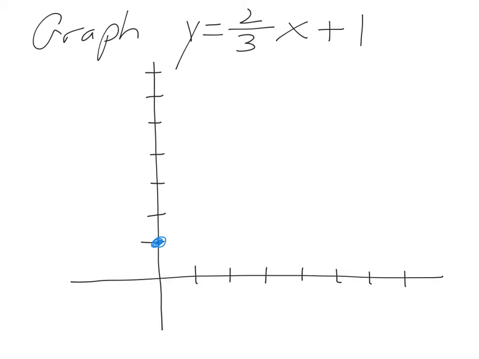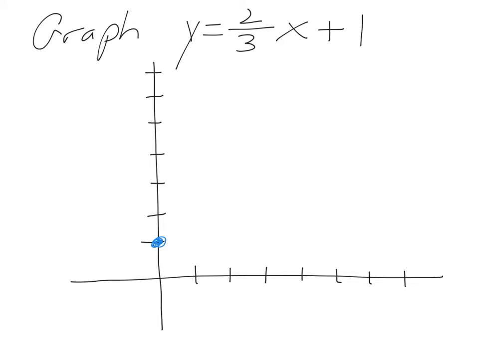It says start at the starting point. What's the starting point? No, the y-intercept is the starting point. The origin is not the starting point in this case. Starting at the y-intercept, this is going to tell me to go up 2 spaces, go over 3 spaces.